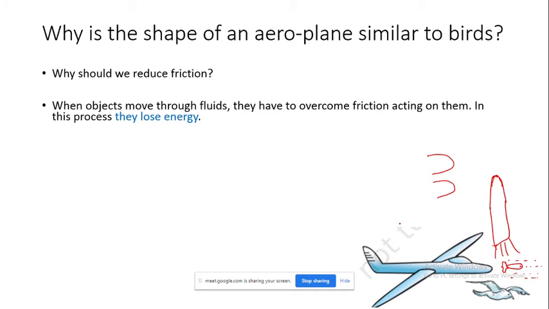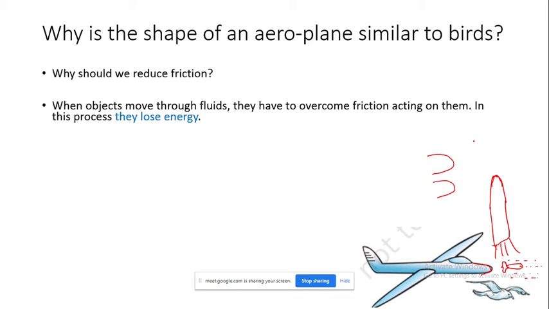Then our scientists found out that the shape of a bird or a fish reduces friction. So, they shaped our planes and our helicopters or our rockets in this curvy shape, this aerofoil shape. So, are you following this, Sirishma?